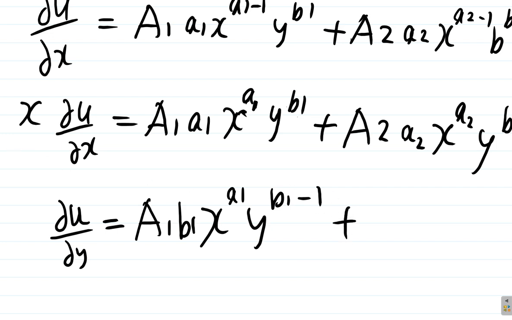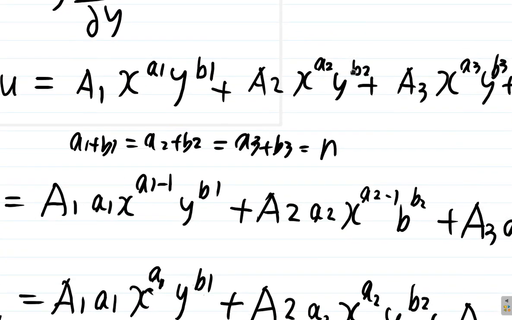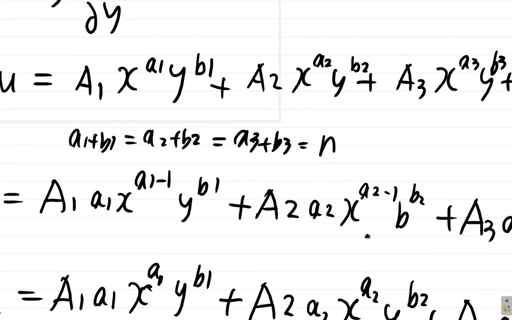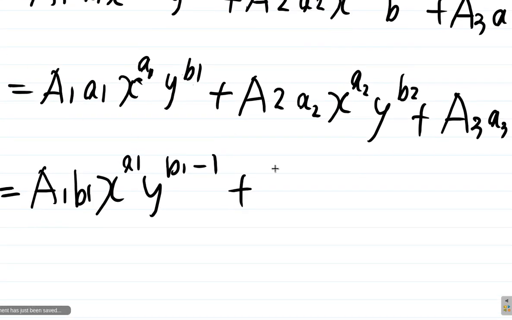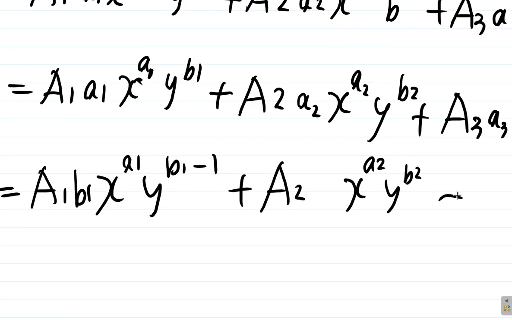Plus, let me just write what we had originally, a2 x to the a2 y to the b2. When we differentiate this, b2 will come down here, and then we reduce the power here by 1, b2 minus 1.